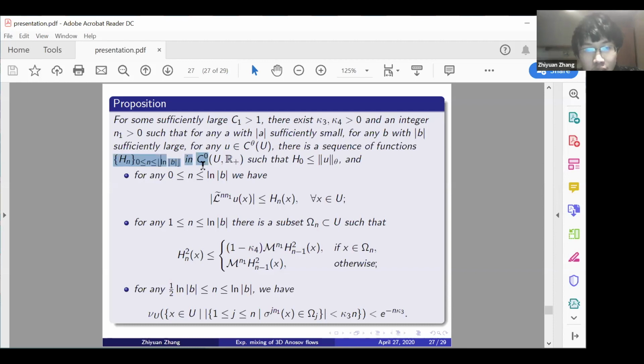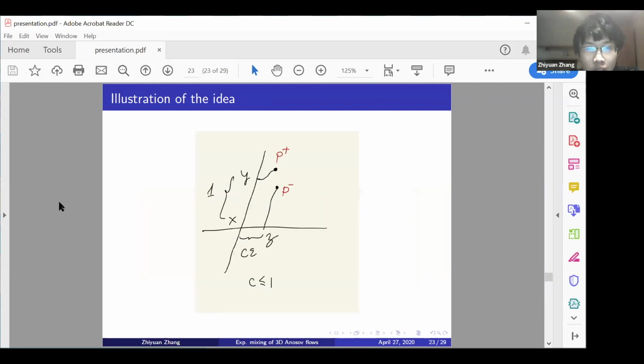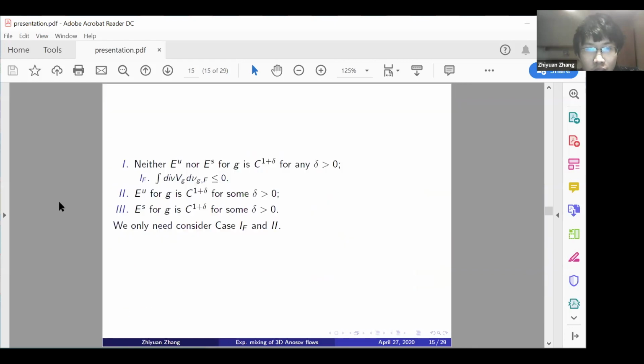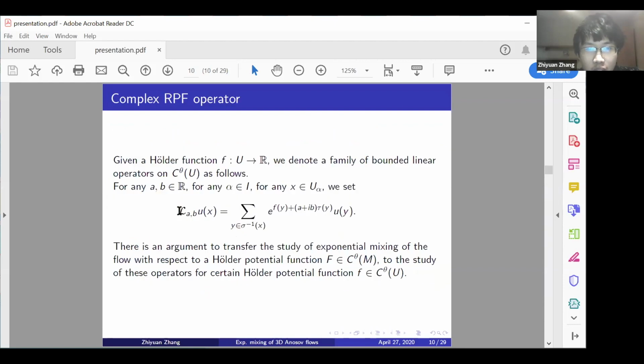So for any of these Holder functions, for any A, B in this range, you can start from some function, and this is also C log B, and for each time n in this range, you iterate this thing. I didn't explain what L tilde is. You can just think of L tilde as L_AB.